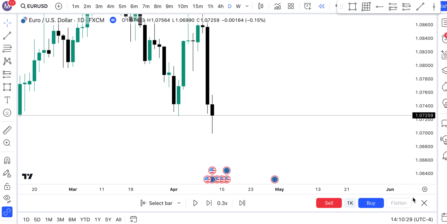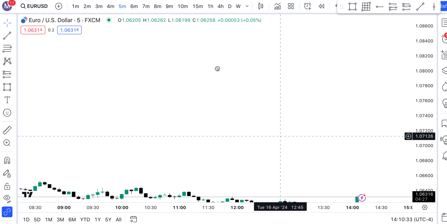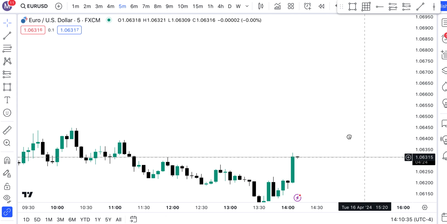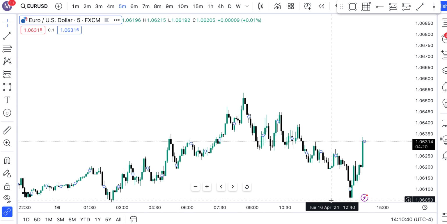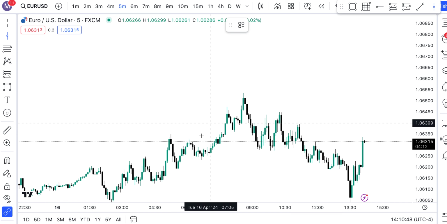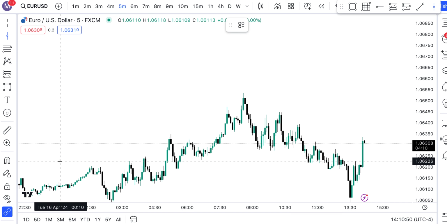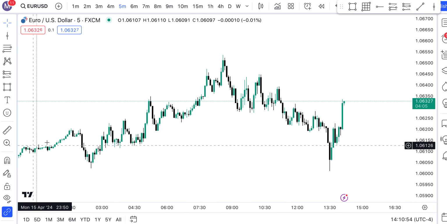However, if we go onto, let's say, the 5 minute time frame, and let's find the start of the day. So the start of the day is here, here to here.